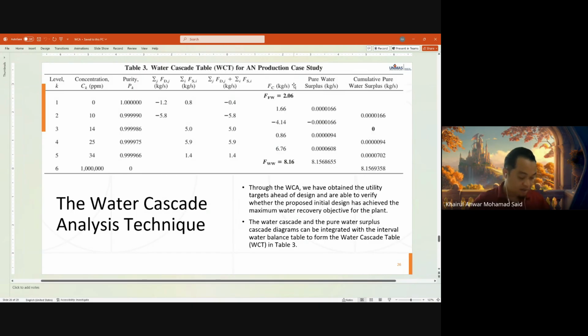FC is the cumulative source demand, and then the pure water surplus and the cumulative pure water surplus. So 2.06, actually they already have this, how we done this?